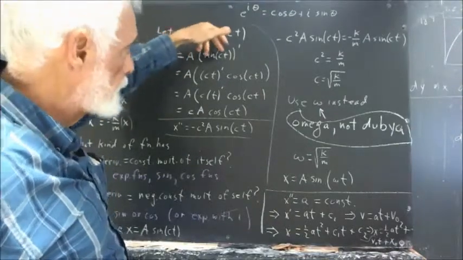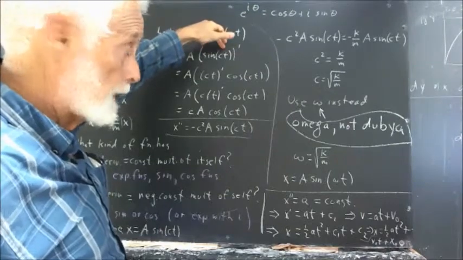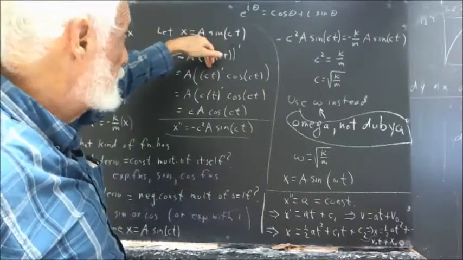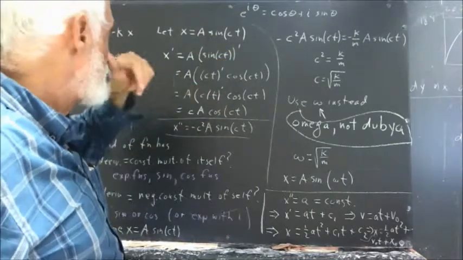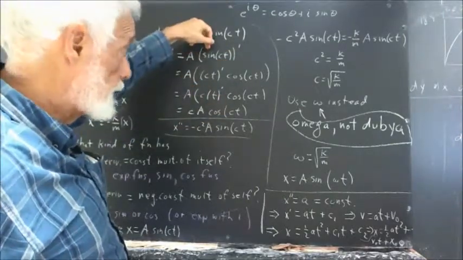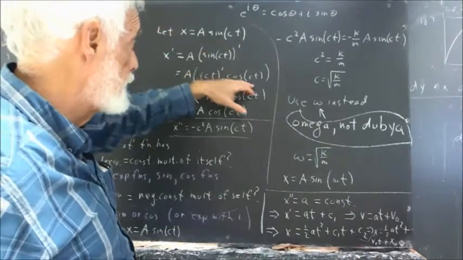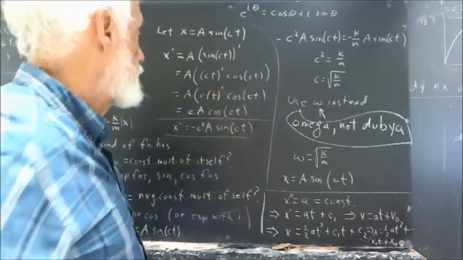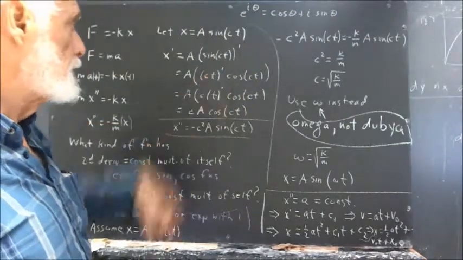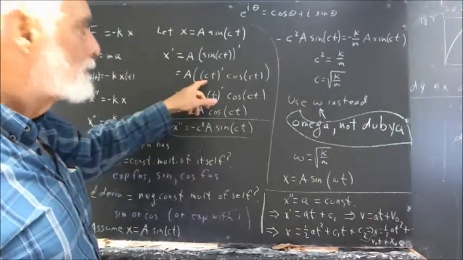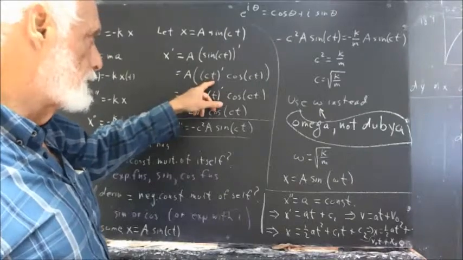This is like an f of g of x. You take the derivative of your g of x function. So the ct prime, derivative of this inner function, and then times the derivative of the sine, which is the cosine of the original argument ct. And then the derivative of ct, well, ct is a constant multiple of t.